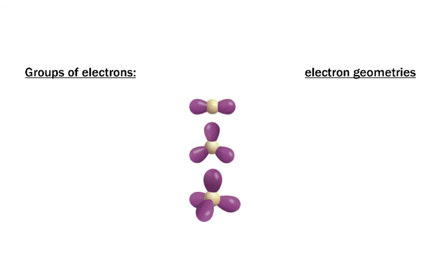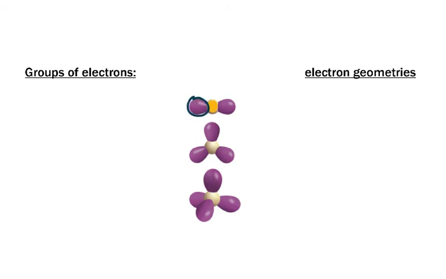And here they are, again, in 3 dimensions. We tried to represent this. So on the left, we're going to fill in the number of groups of electrons, and on the right, we're going to name this shape. Okay, so here we have a central atom. How many groups or domains of electrons are on it?